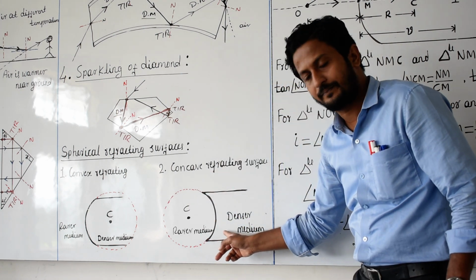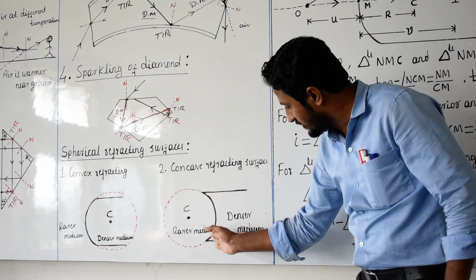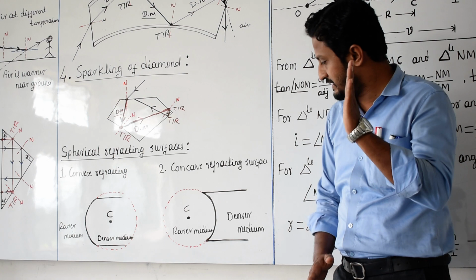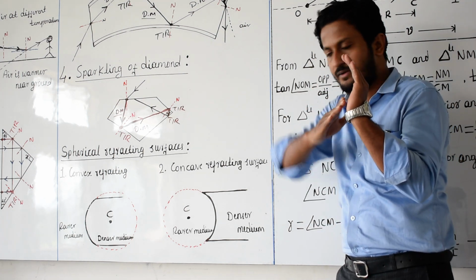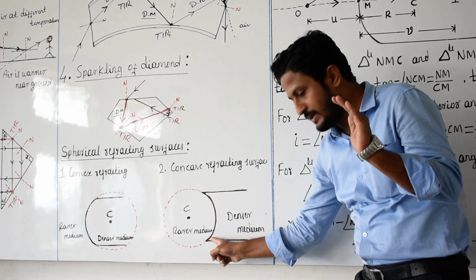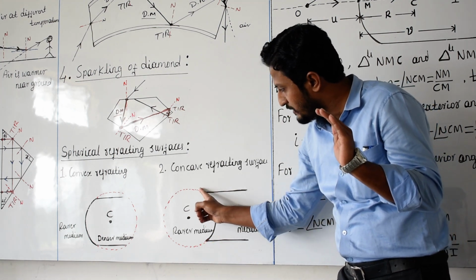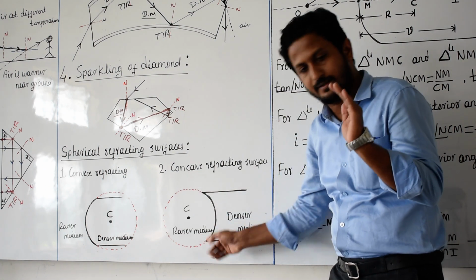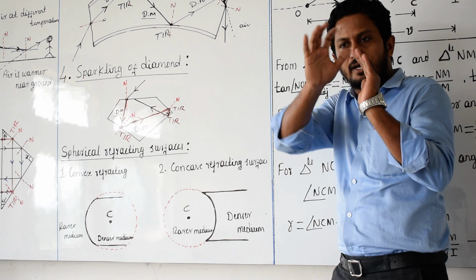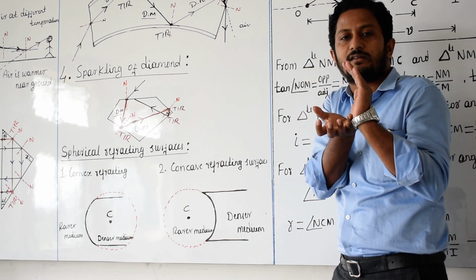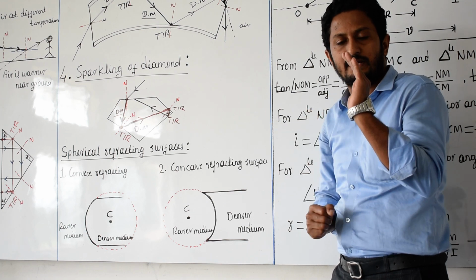Similarly, look here. This inward curved surface, it is like this, an inward curve. Here also you can imagine one sphere, a solid sphere of transparent material.